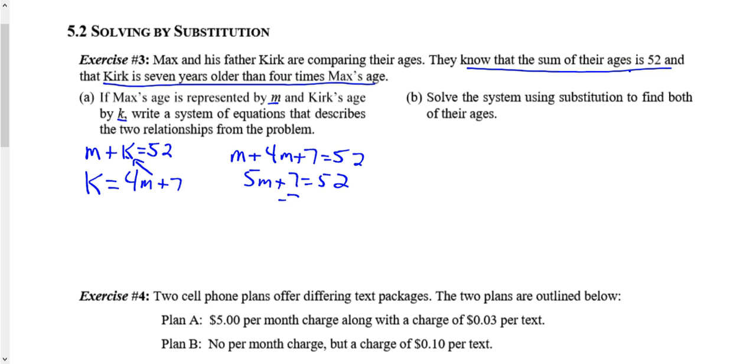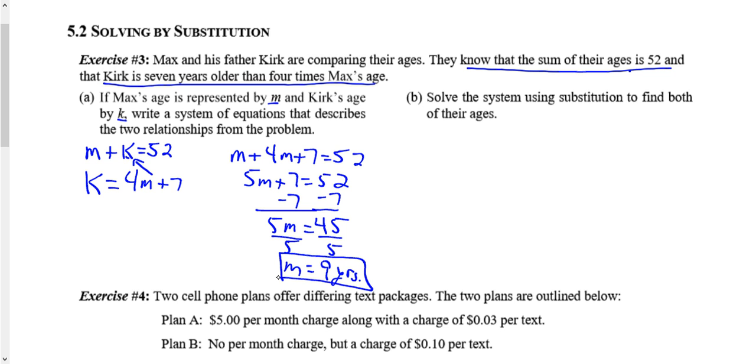And I know you guys know what to do now. So 5M equals what? 45. Divide by 5, how old is Max? He's 9 years old.